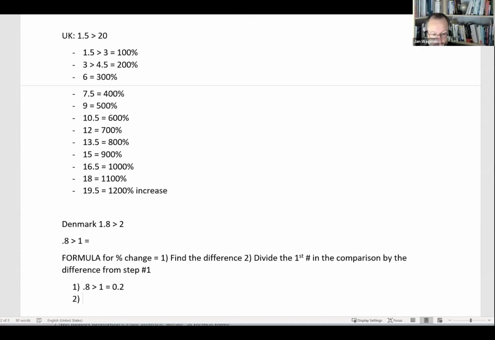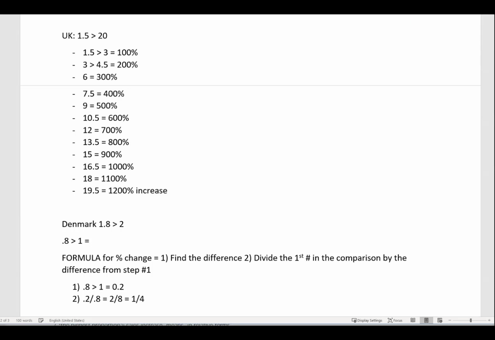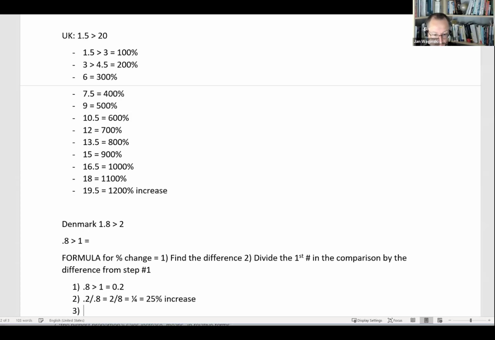Step 2, it's 0.2 divided by 0.8. It's the same as 2 over 8, same as 1 over 4, which is what percentage? It's 25%. 25% increase.